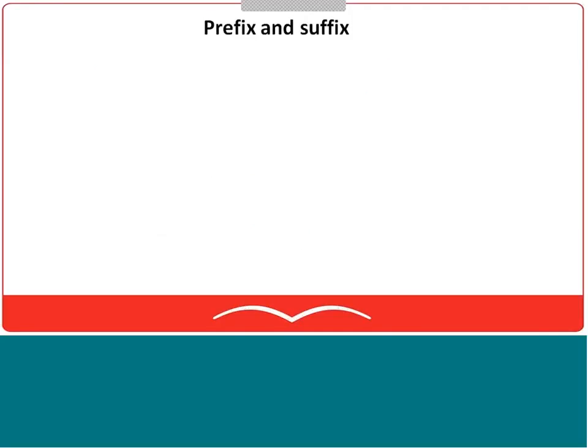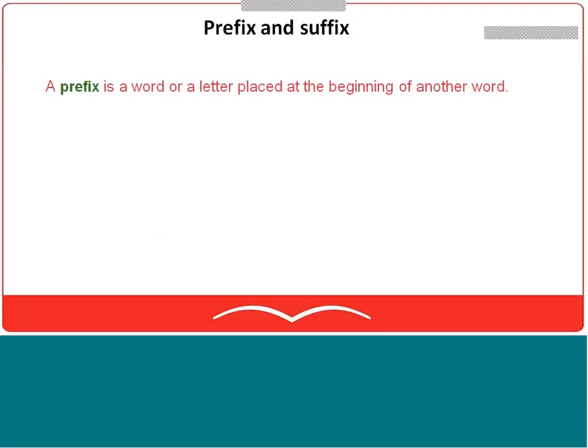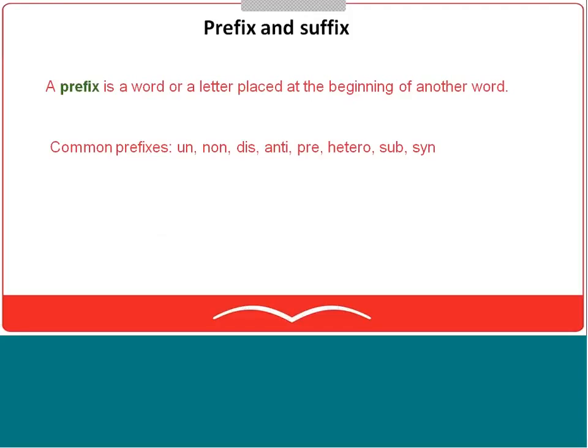Now, what is a prefix? A prefix is a letter or group of letters placed at the beginning of a word. When these come in front of a word, they may change or add to the meaning of a word. A suffix is a letter or a group of letters placed at the end of a word.